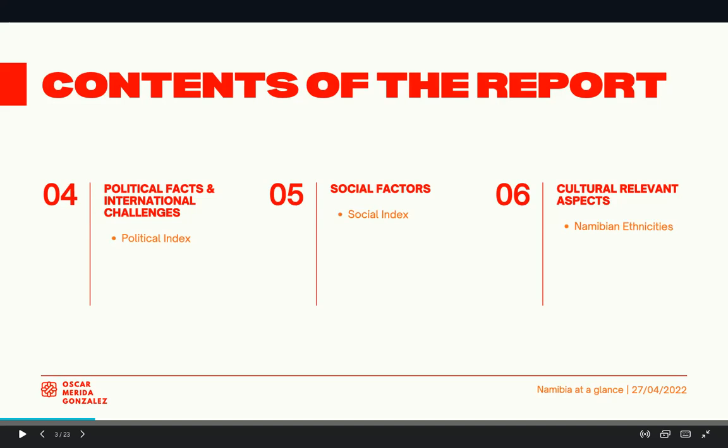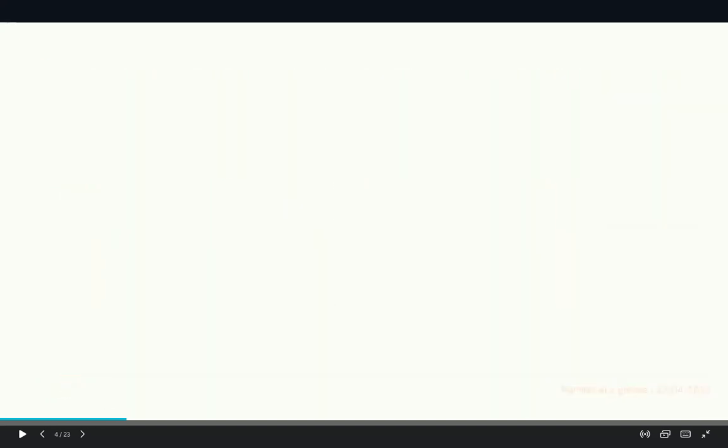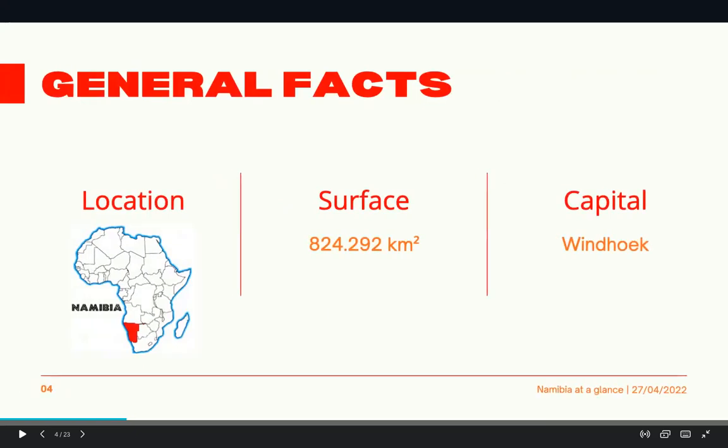And the fifth point, we're going to tackle the social factors, in which I will present also the social index and the social performance of the country over the past decades. And last but not least, the cultural and relevant aspects, in which I will present the main Namibian ethnicities. So let's jump into the general facts.